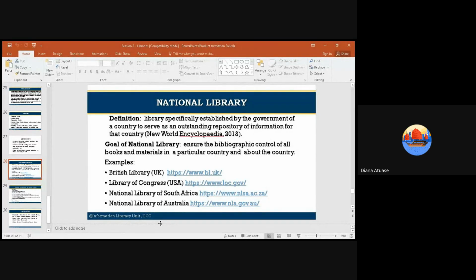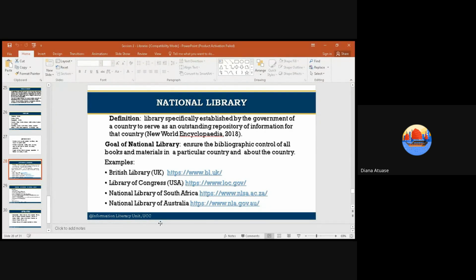Then we also looked at the special libraries. We say libraries that are found in institutions and organizations provide information to help staff to function well. Their collections are based on the work that is done by a particular institution. When you go to a law firm, the library in a law firm, all collections will be on law, on politics, and the rest.